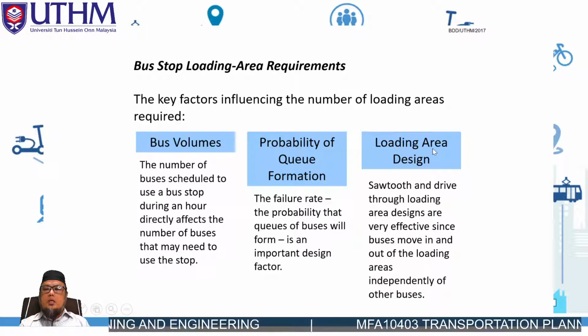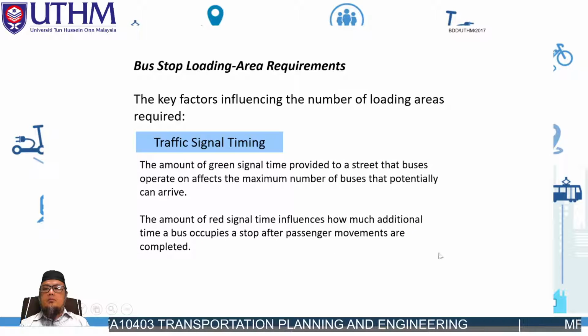Okay, loading area design. Sawtooth is a typical type of design for the loading area. And drive-through loading areas are very effective since buses move in and out of the loading area independently of the other buses. Okay, next, traffic signal timing. The amount of green signal time provided to the street that buses operate on affects the maximum number of buses that can potentially arrive.